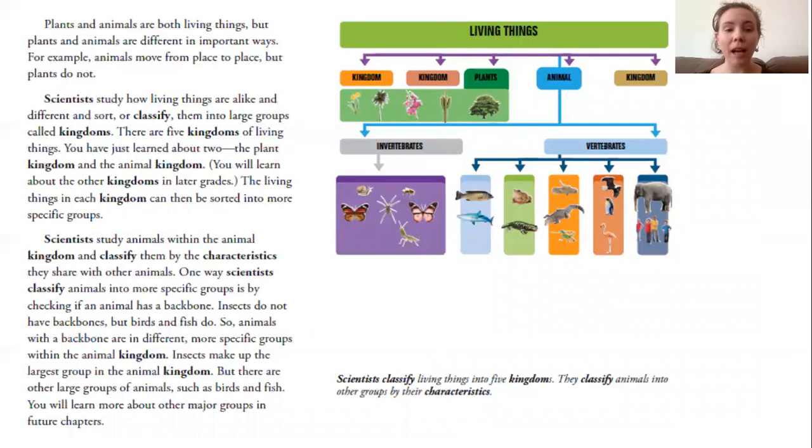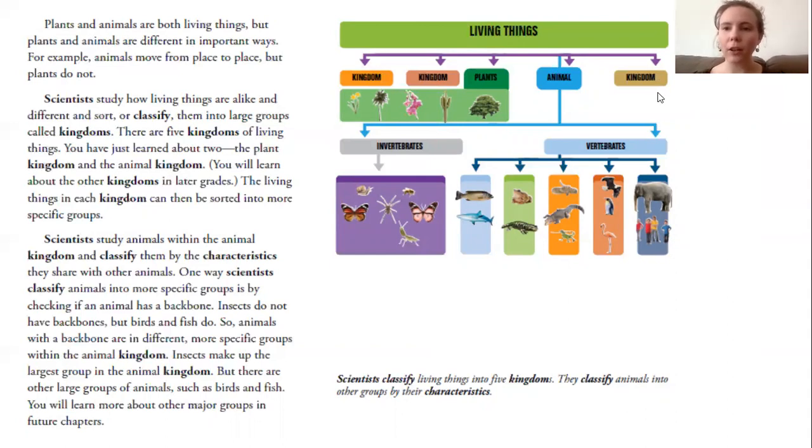So animals with a backbone are in a different, more specific group of the animal kingdom. Insects make up the largest group in the animal kingdom, but there are other large groups of animals, such as birds and fish. You will learn more about other major groups in future chapters.